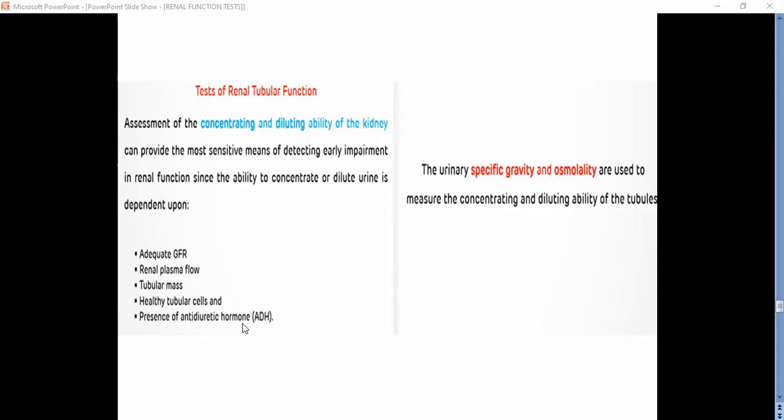This tubular function after the GFR level again depends upon different factors: whether adequate GFR is happening, that is 125 ml per minute, and renal plasma flow, how much blood flow is coming to the kidney. It also depends upon tubular reabsorption level, healthy tubular cells, and the presence of antidiuretic hormone.